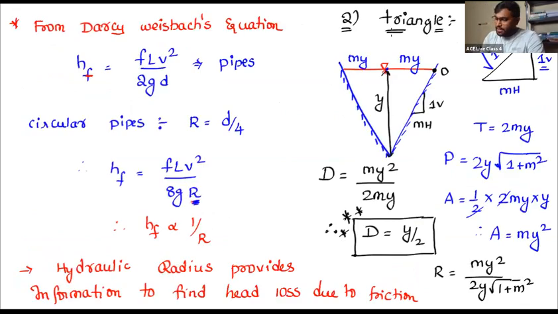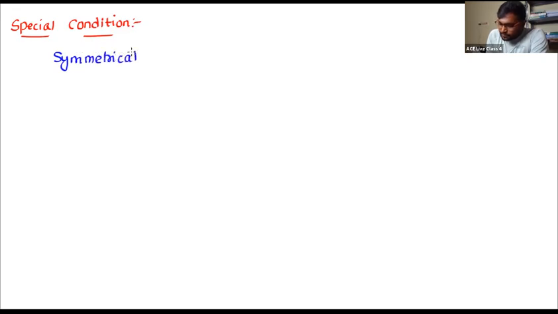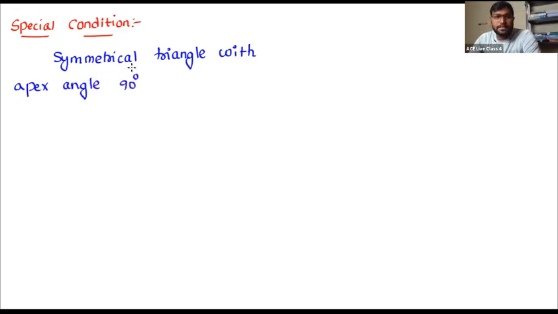Special condition for the triangle: a symmetrical triangle with apex angle 90 degrees. Symmetrical triangle with apex angle 90 degrees.